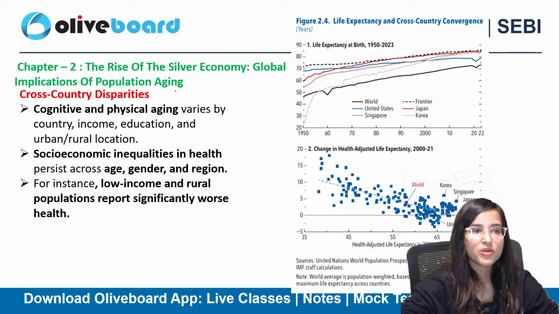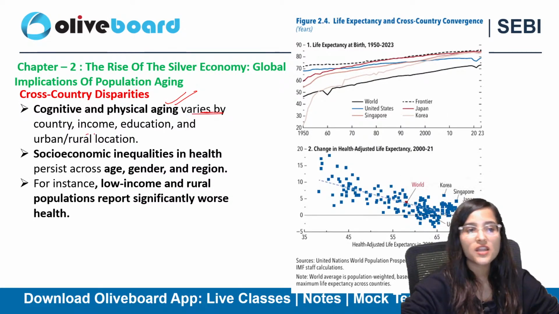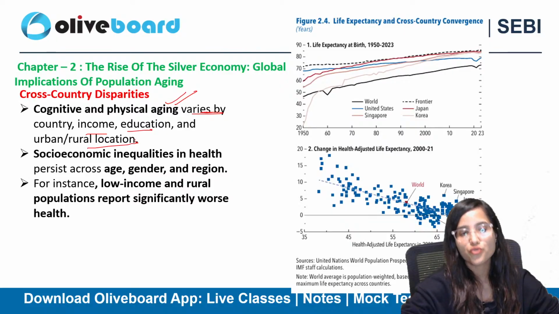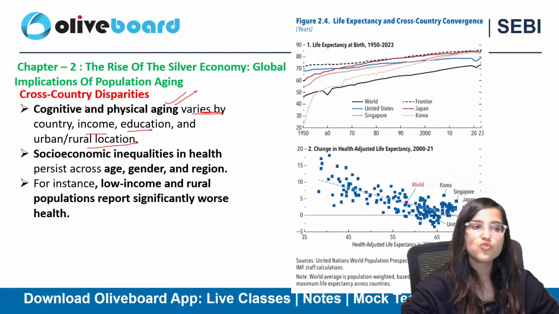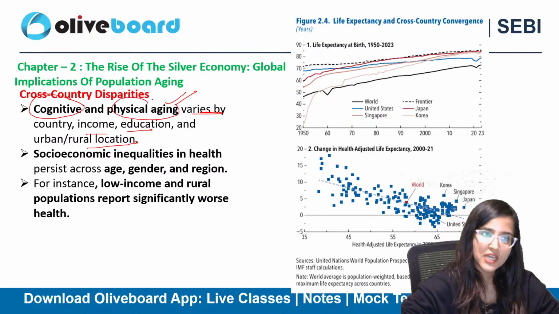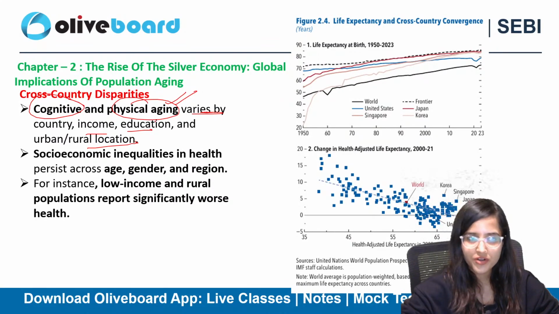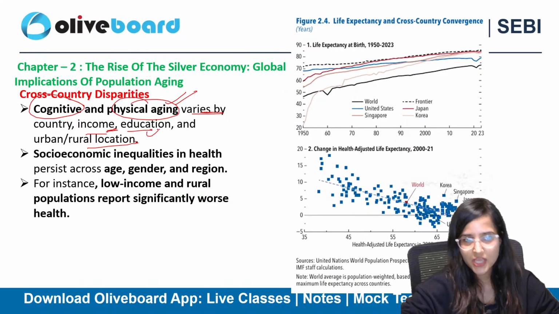Then if we talk about cross-country disparities, then cognitive and physical aging varies by country, income, education, and urban rural locations. So what they are saying is that whose cognitive ability is high, whose physical aging is better or not, depends on country to country, the income levels of people, the education, urban rural location, and all.